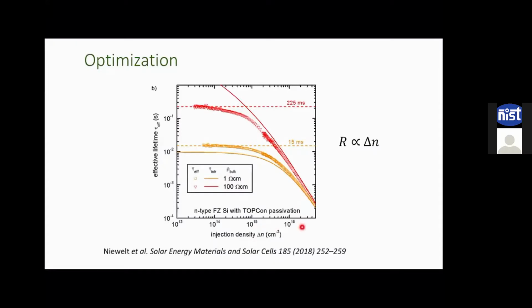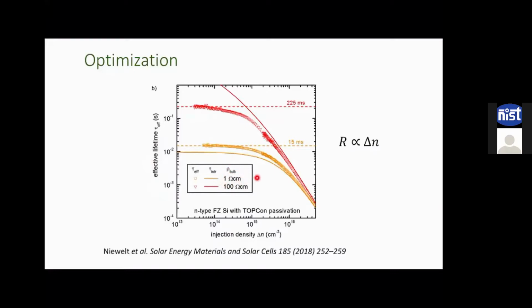Now, another very interesting idea we can get from this curve is that the red curve is plotted for the carrier lifetime from a 100 ohm centimeter resistivity crystalline silicon wafer. And this yellow curve is plotted for a 1 ohm centimeter resistivity crystalline silicon wafer.